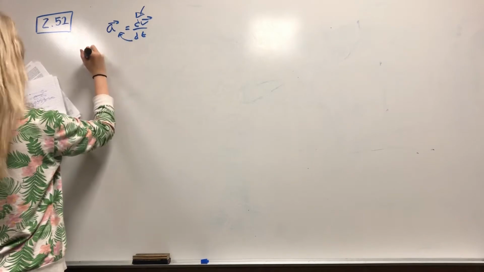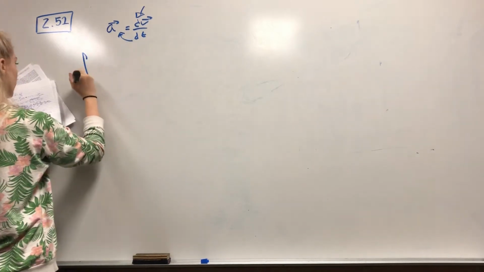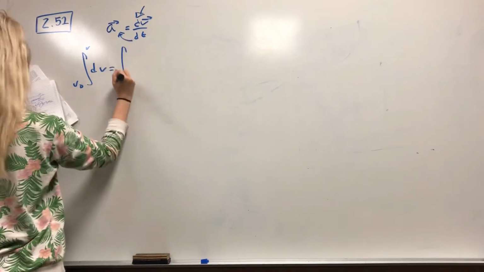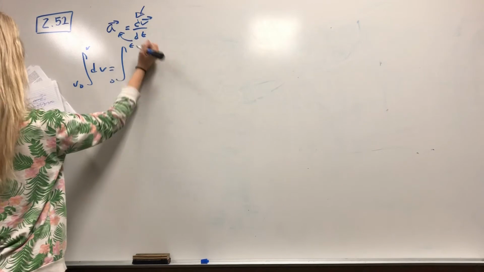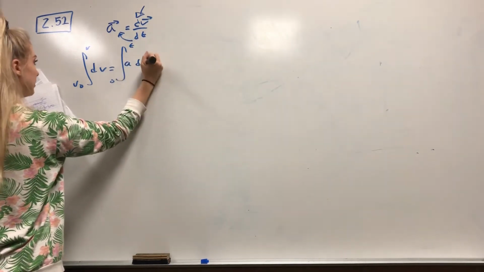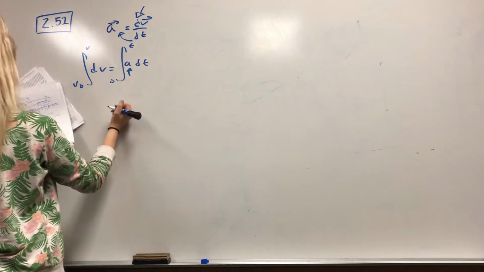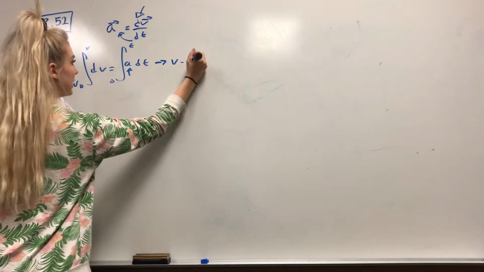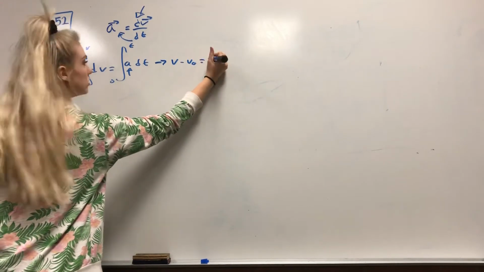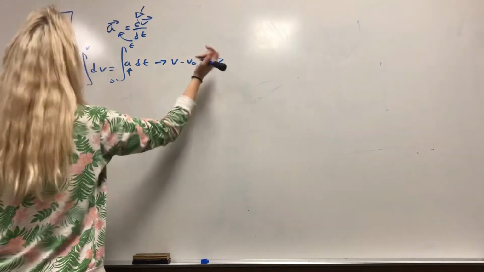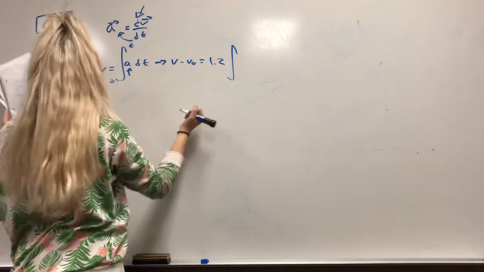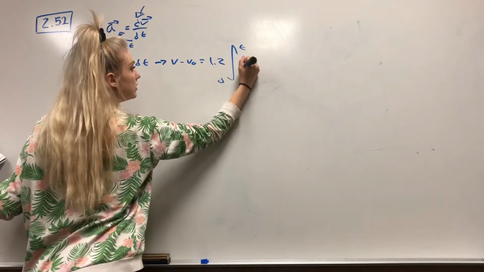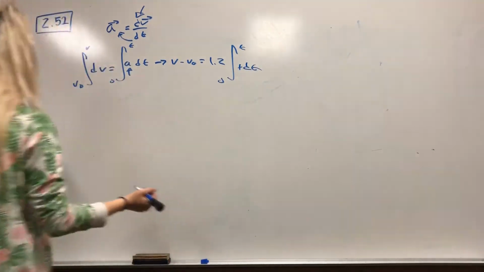I am going to make it the integral from v naught to v of dv equals the integral from 0 to t of a dt, a being a constant. This leads to v minus v naught equals 1.2, a constant given to us in the problem, times the integral from 0 to t of dt.